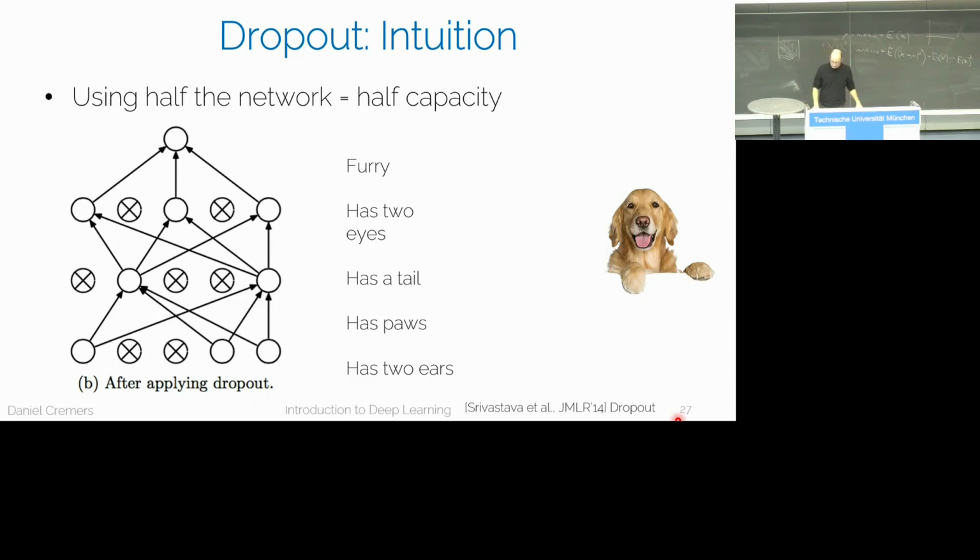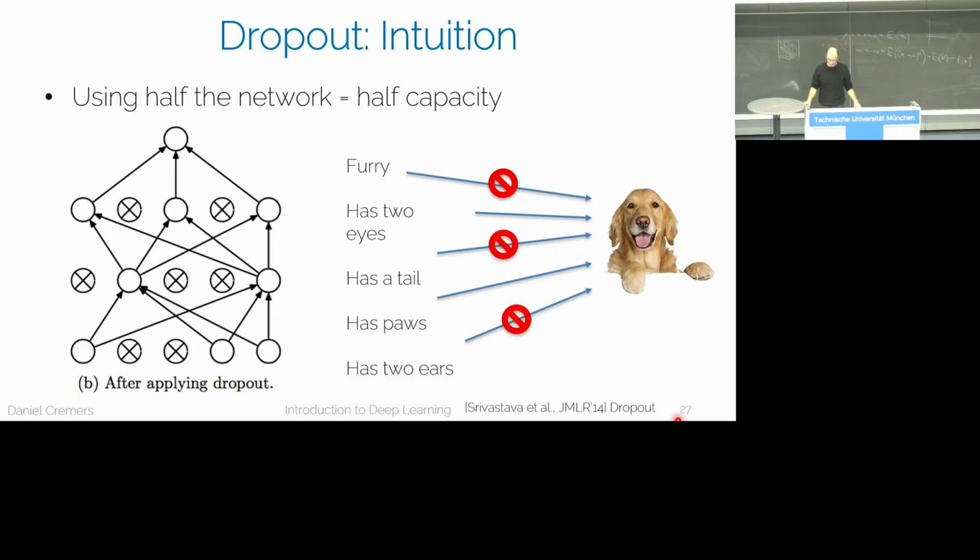And obviously, in a way, these are a little bit redundant, right? But what you want is to make sure that the network still works if part of them are disabled. So if it doesn't see whether it's furry, but only sees the two eyes, and if it doesn't see whether it has a tail, but only sees that there are paws, then you want the classification to still work.